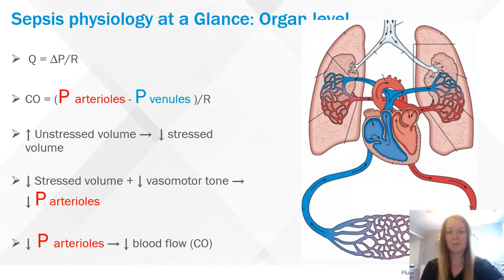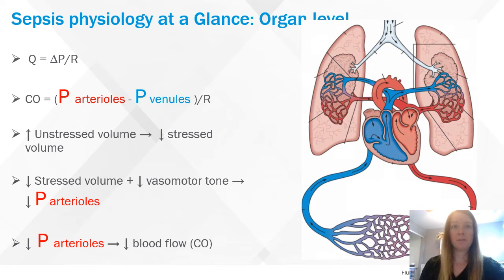Now we'll get a little more superficial with our discussion and look at sepsis physiology from an organ level. Has anyone heard of Ohm's law? If you are looking up here at the top, Q, this is Ohm's law, meaning flow of any fluid in a closed circulation is equal to the change in pressure, which means there has to be a pressure gradient, divided by R, which means resistance.